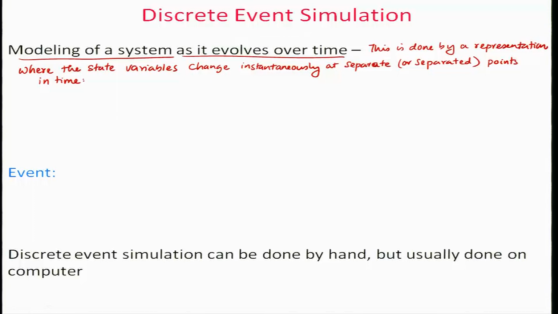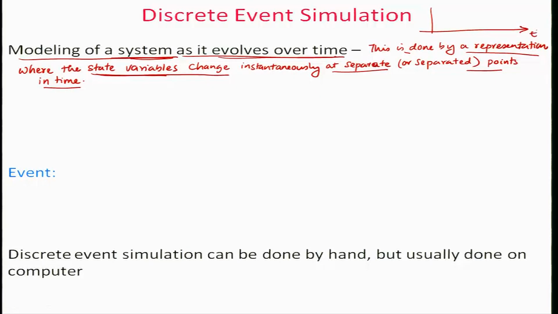So, what we are talking about here is that we are modeling the system as it evolves over time. And we are doing this by representing the state variable changes instantaneously at separate points of time. Things happen as I drew the graph earlier.